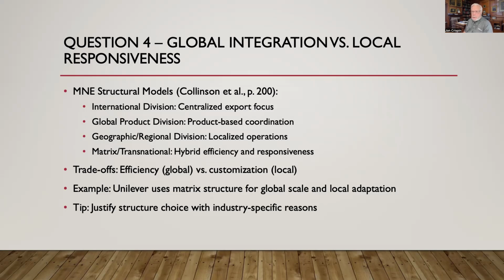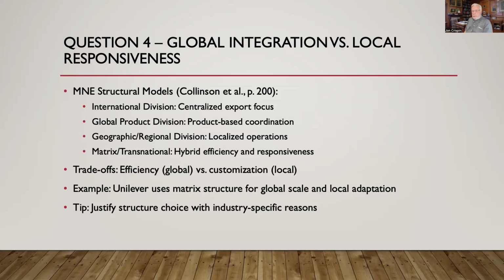And you may want to discuss the trade-offs of global efficiency could reduce costs, but it may overlook local needs, while local responsiveness enhances market fit, but it increases complexity.